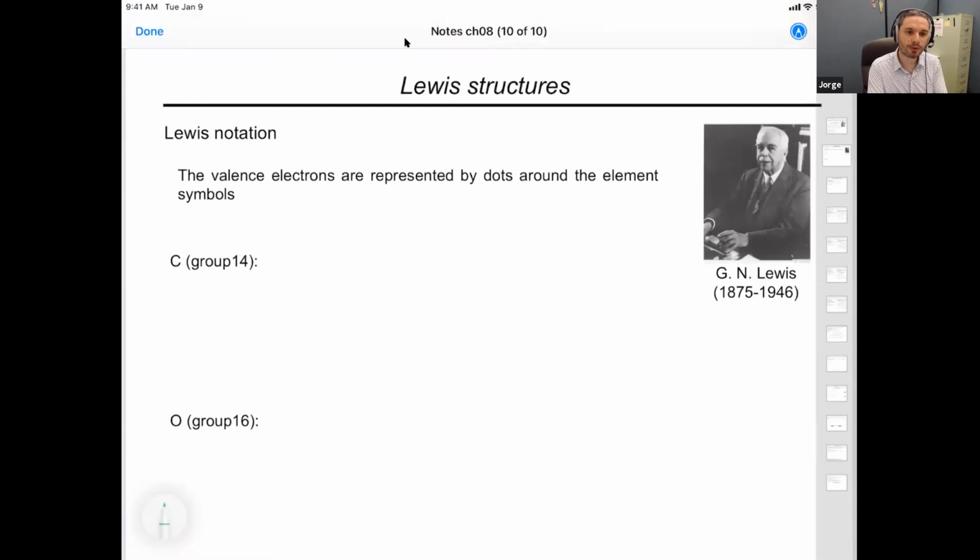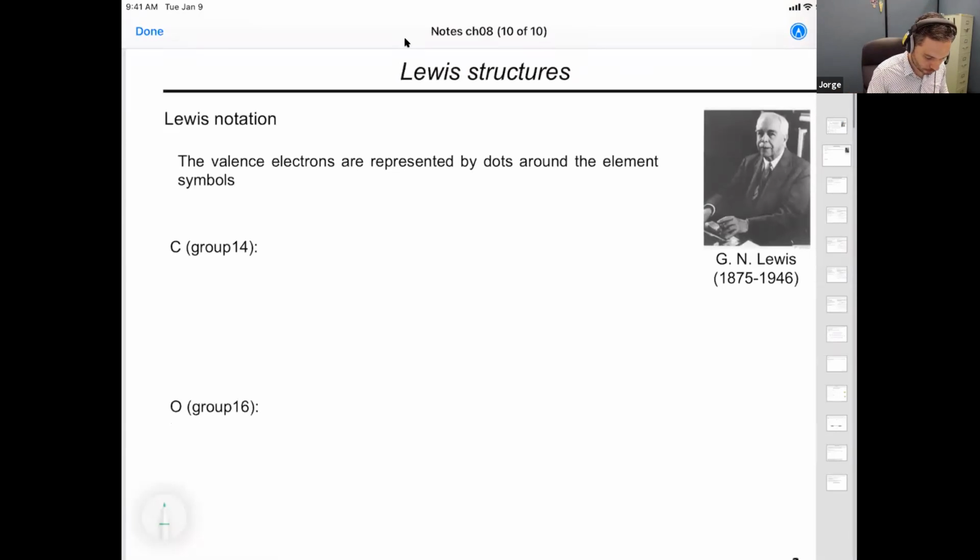When we use the Lewis notation, we are going to represent only the valence electrons by dots around the element symbol. What matters for us when doing a chemical bond are only the valence electrons, because those are the most exposed and the reactions will happen in the valence shell.